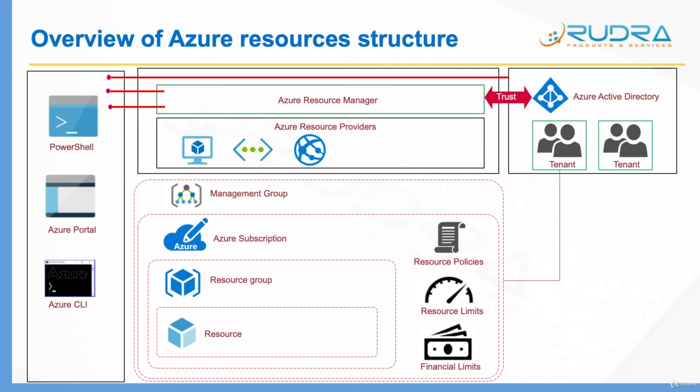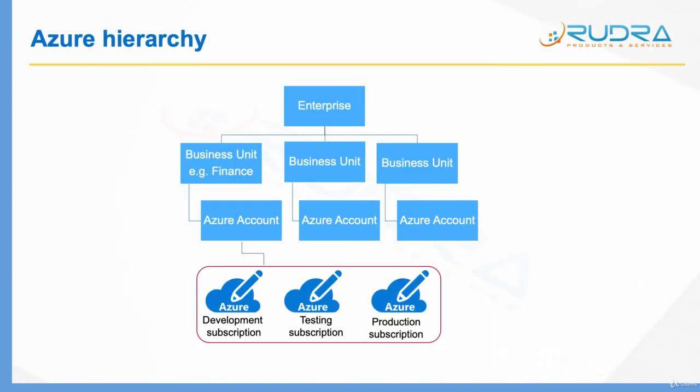And secondly, most of the time, if your company is big enough, you'll go with an enterprise agreement. In that case, you will get access to the enterprise portal where you can have a hierarchy of the enterprise and define business units under that enterprise. It can be finance, HR, operations, and you can create Azure accounts or tenants under those business units.